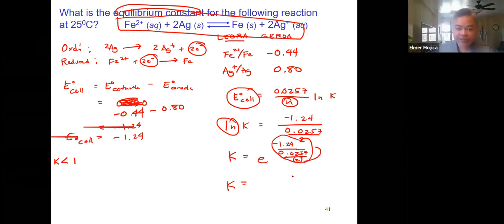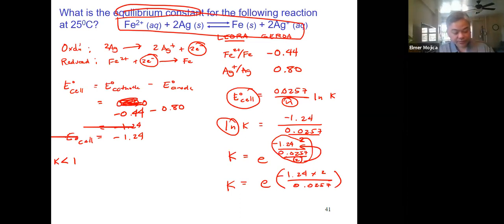So e raised to negative 1.24 times 2 divided by 0.0257.